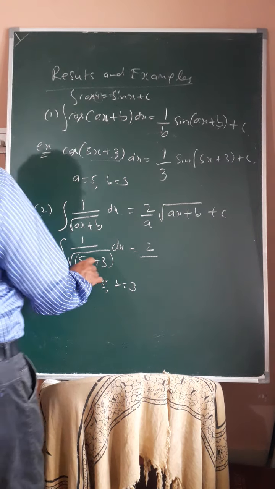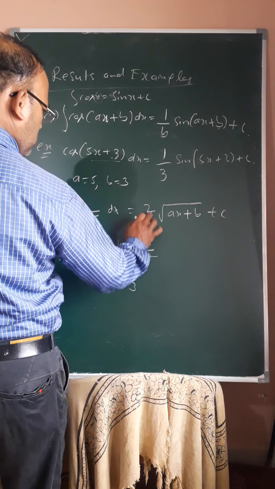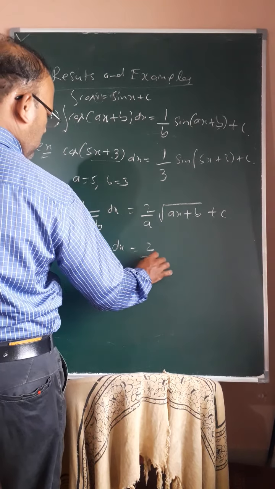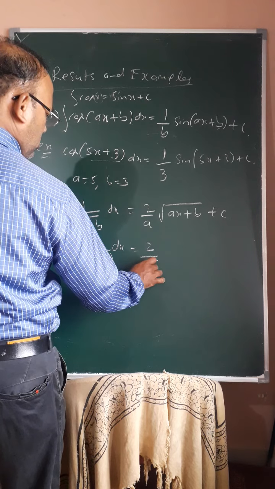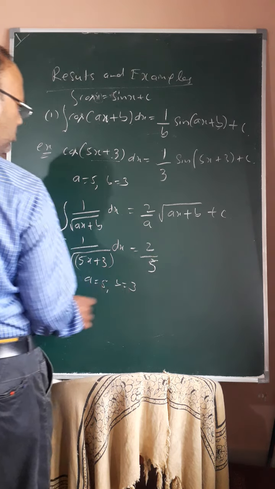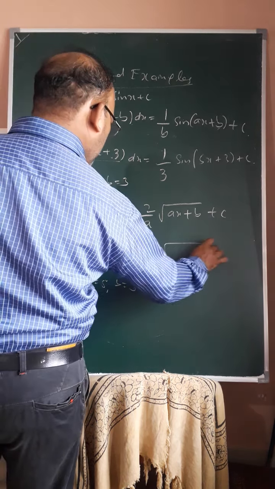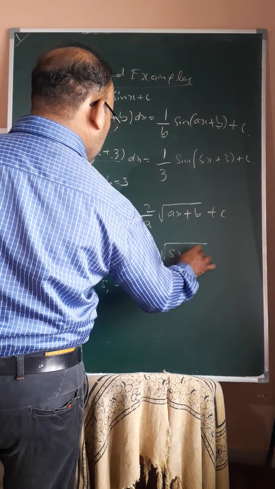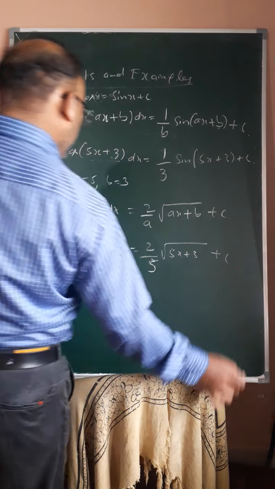So this is 2 by 5 square root of 5x plus 3 plus c.